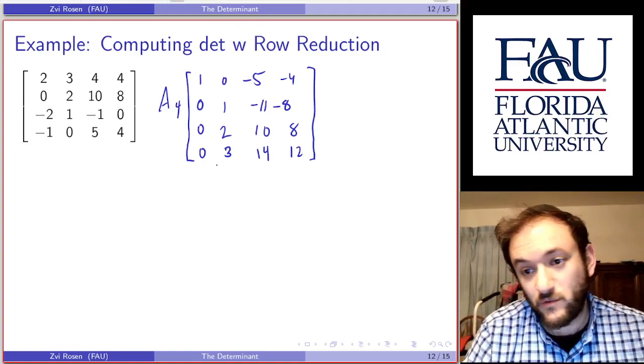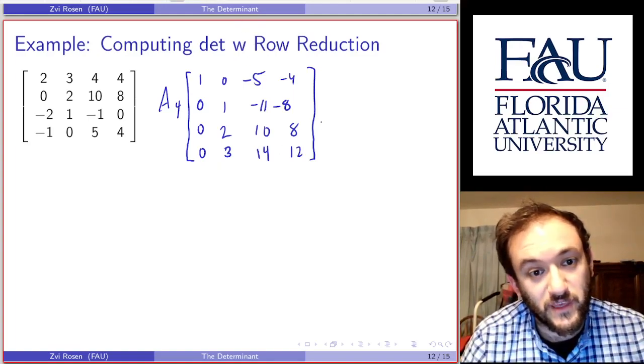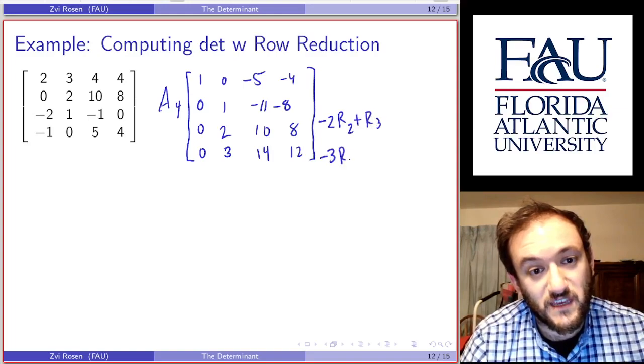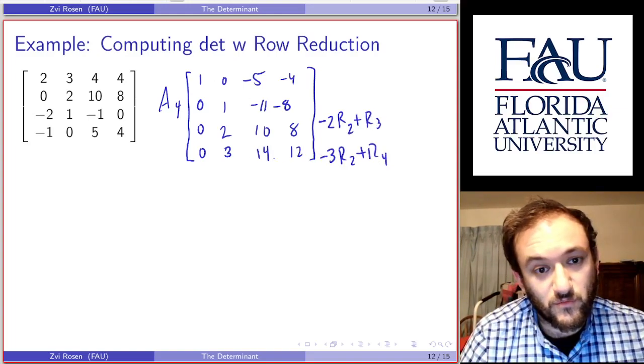And now, again, we want to clear that second column, so we take -2 times the second row plus the third row, and -3 times the second row plus the fourth row. And what do we get after that?